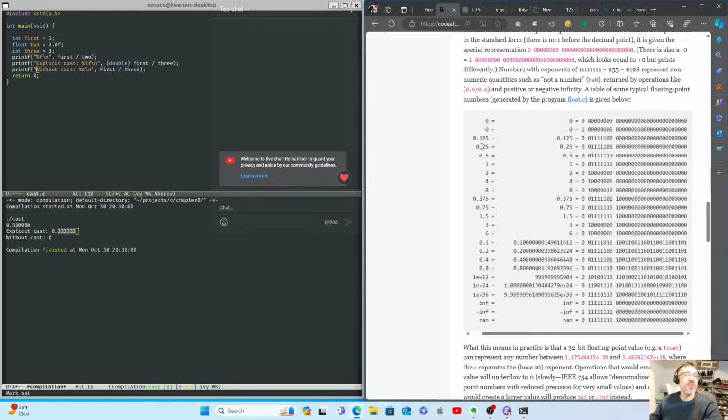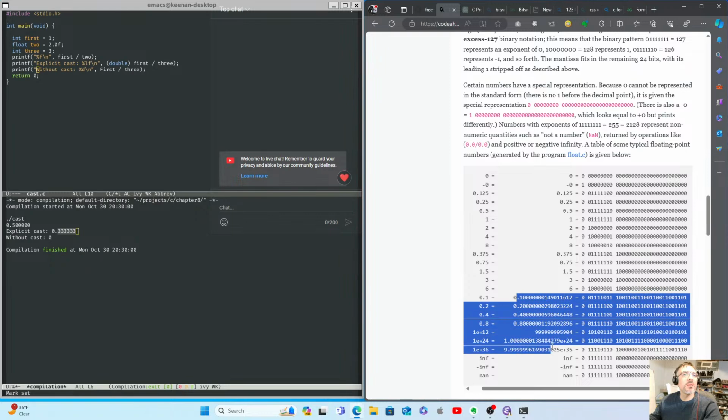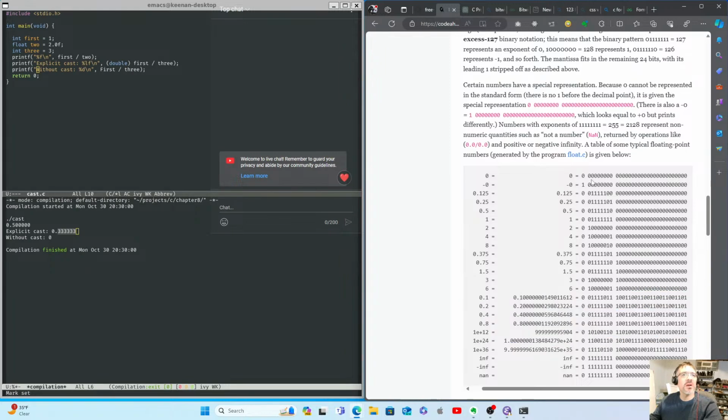And then we have a table here of some numbers and their representation with mantissas, and then their bit representation as well. Interesting. Okay.